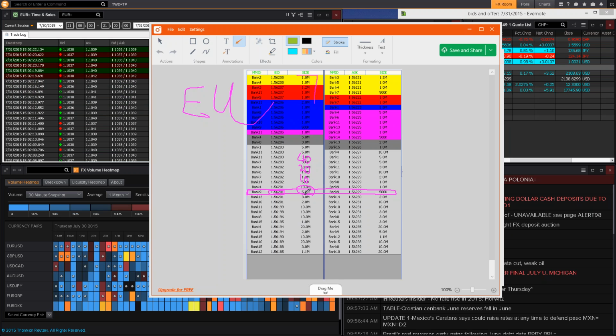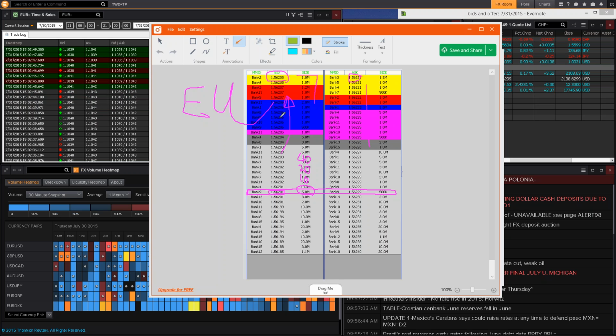In FX, when you want to buy, you buy at this price and you sell at this price. But what really happens is when you're buying at this price, banks are selling in this column, right? And they're buying on this column.